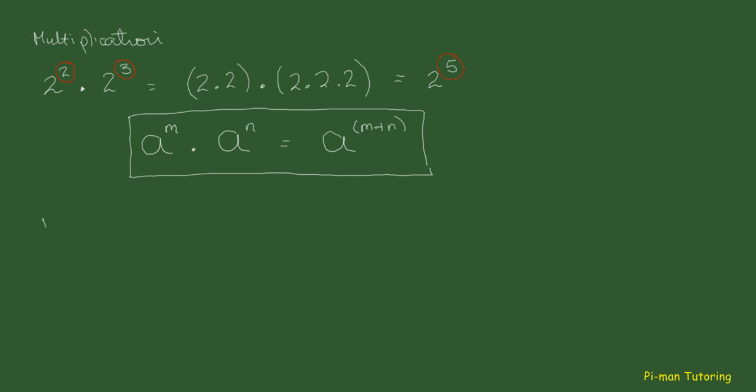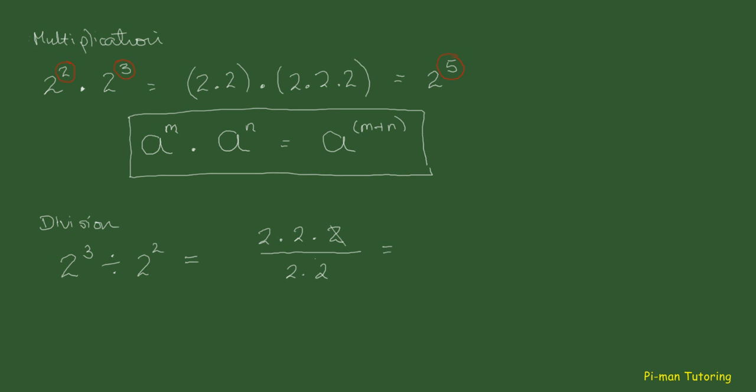Division is very similar. Let's imagine again a specific example, 2 to the power of 3 divided by 2 to the power of 2. If we write this out explicitly, 2 times 2 times 2 divided by 2 times 2.